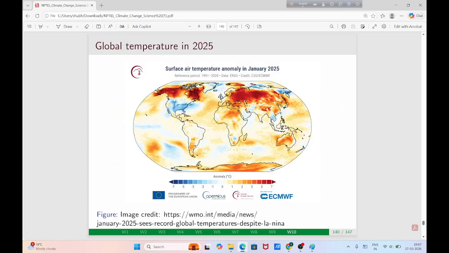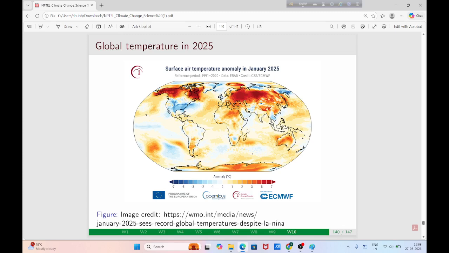Now we will just look into the temperature in 2025. That is just a case study, so it might not reflect the overall trend, but it is just a case study in 2025 because it was an exceptional year. It was quite hot, basically the last year. And the reference period is given as 1991 to 2020.